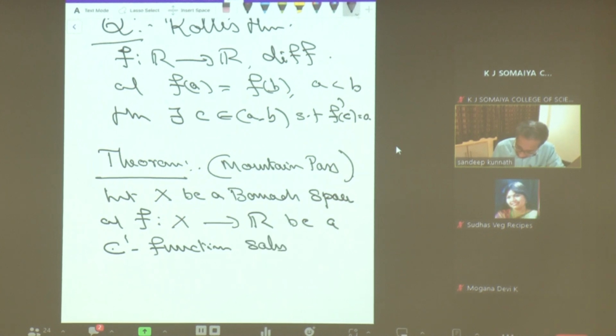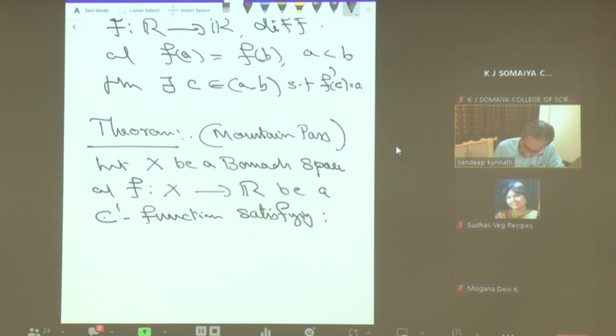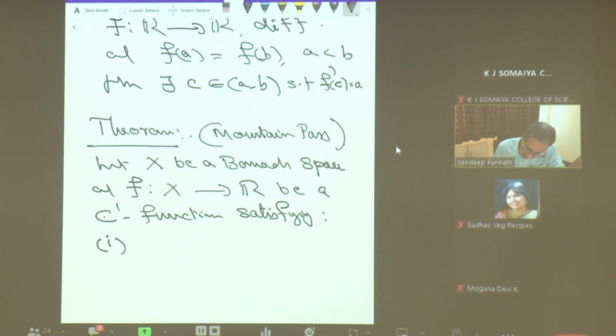Satisfying the following points. The first one is f(0); I will assume that is 0. And f(x0) is less than or equal to 0 for some x0 not equal to 0.